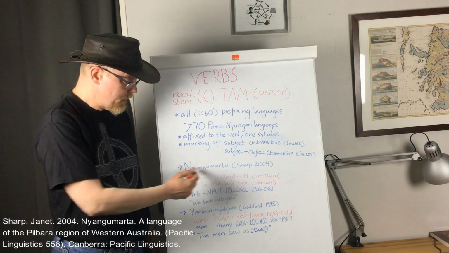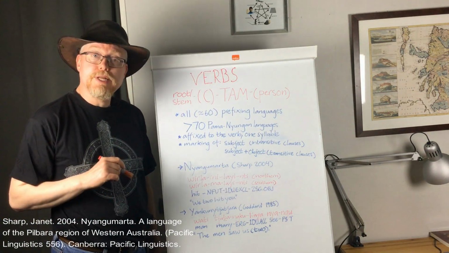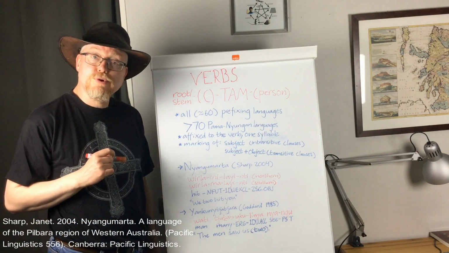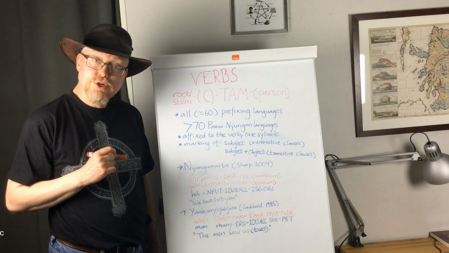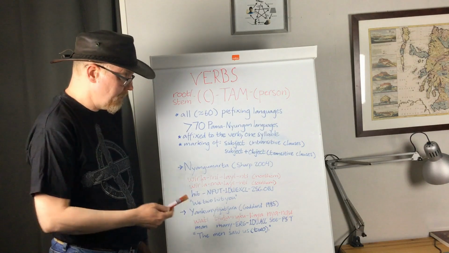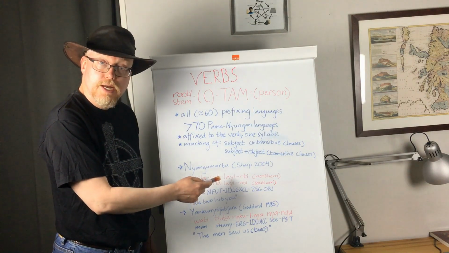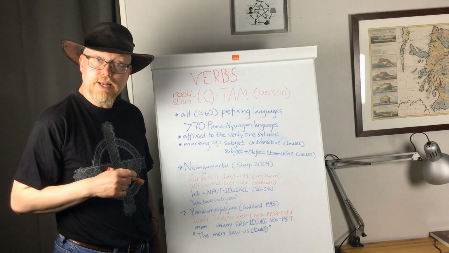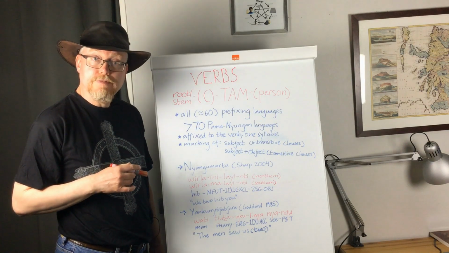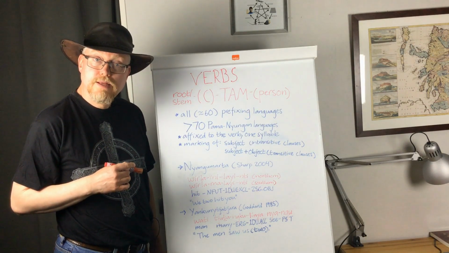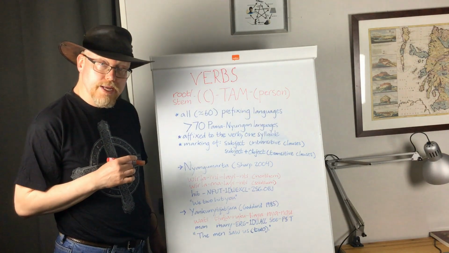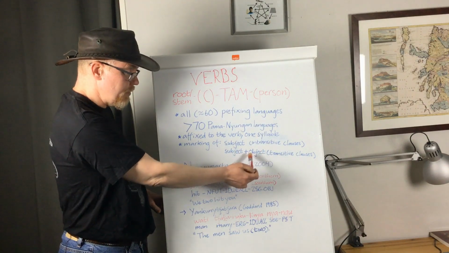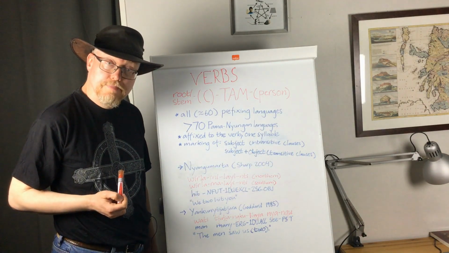But as illustrated by this example from Nyangumarta, which I found in Sharp's 2004 grammar, usually only 2 person markers are allowed on the verb in any given language and in any given clause. So actually Nyangumarta is one of those languages that marks the person of the subject and the person of the direct object.